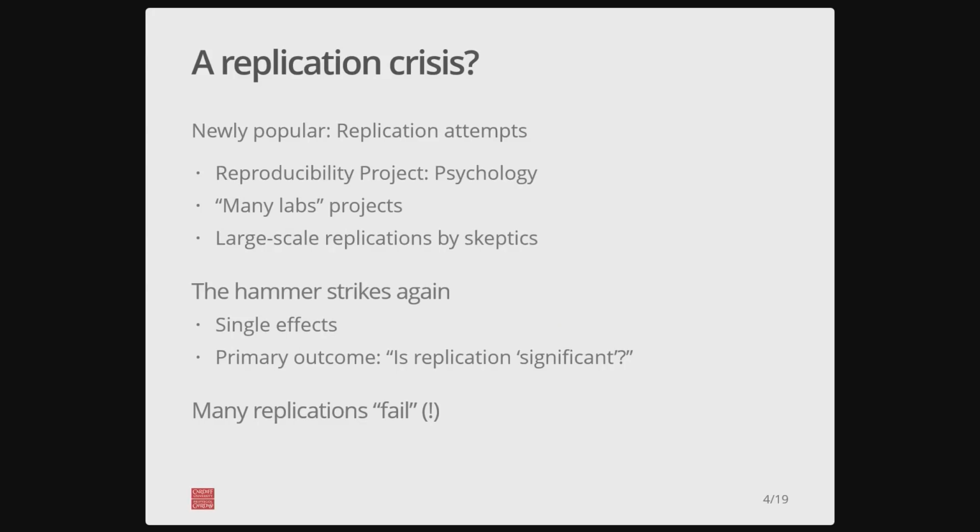So thinking about what we call the replication crisis, we have a lot of these big replication attempts. In my own field of psychology, we have the Reproducibility Project: Psychology, where they took 100 studies and attempted to replicate them using similar methods.